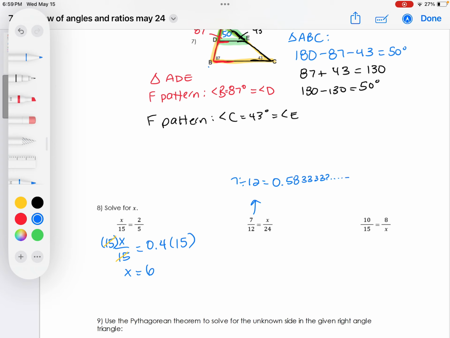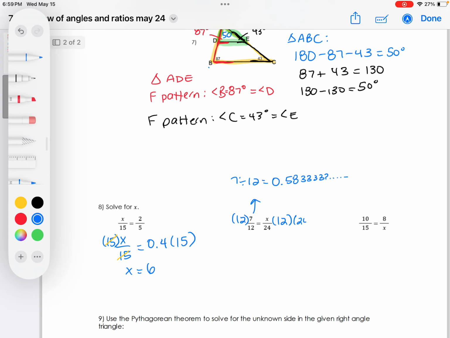So when you have a question like this and it doesn't give you a nice decimal, or even a whole number, one of the strategies is to clear the denominators. On the left-hand side, we have a 12, which means we're going to multiply both sides by 12. And on the right-hand side, we have 24, which means we're going to multiply both sides by 24.